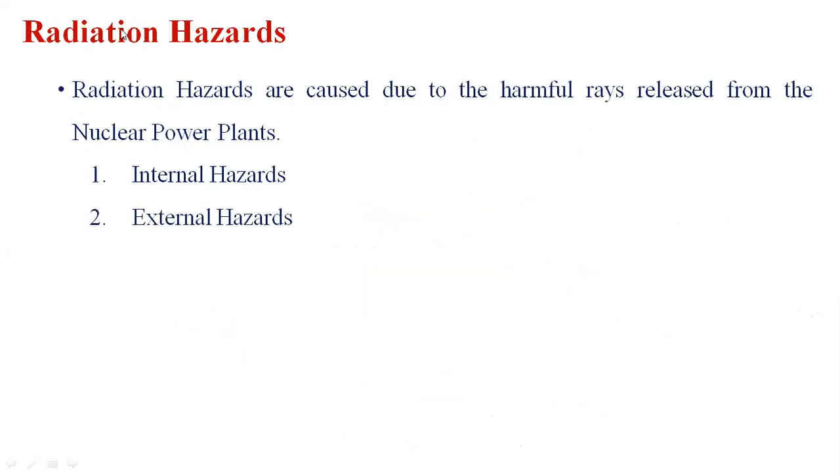And the next one is radiation hazards. Due to radiation hazards, everyone is affected. It is caused by the harmful rays released from the nuclear power plant. It releases three rays: alpha rays, beta rays, and gamma rays. Based upon the alpha, beta, and gamma rays, the hazards are classified into two types: internal hazards and external hazards.